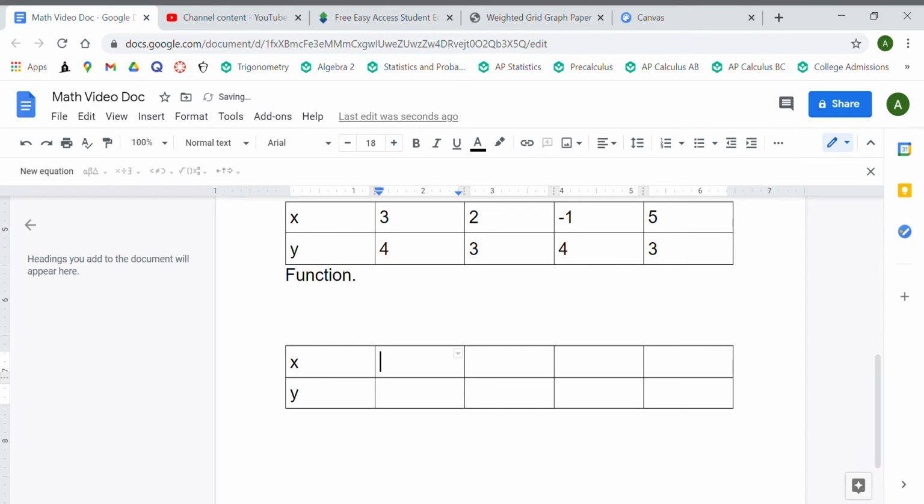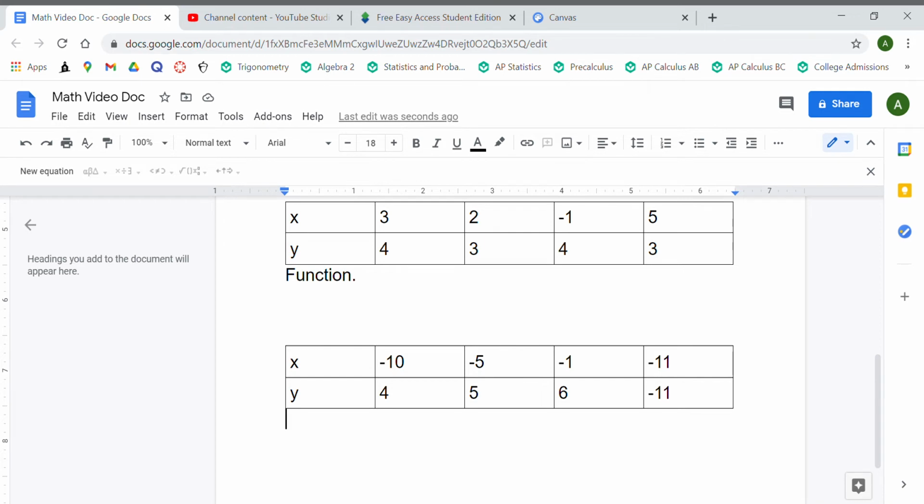How about you get something like this? Tell me, is this a function or not? The answer is this is a function.